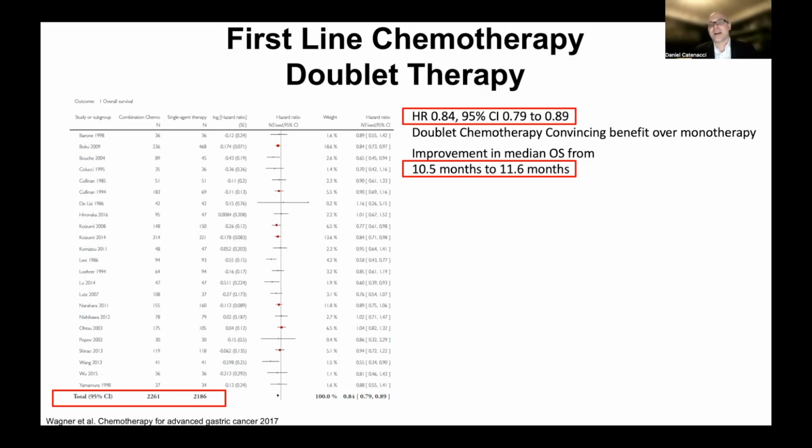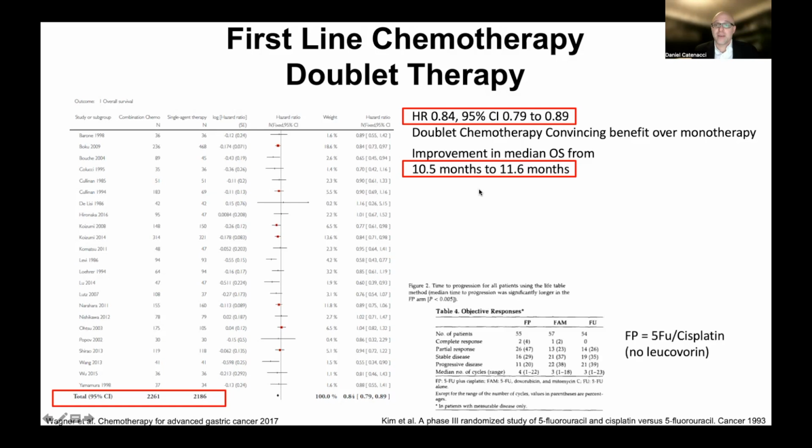So why do we use 5-FU and platinum therapy as our first treatment? Well, this meta-analysis, along with others, supports that. And this is a study specifically looking at 5-FU as a control arm compared to two multi-drug regimens, one being 5-FU and cisplatin, and the other being 5-FU, adriamycin, and mitomycin C. This regimen is an outdated regimen, not used anymore.